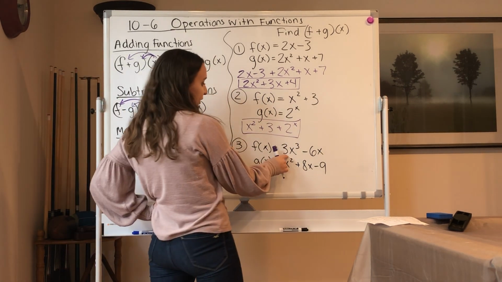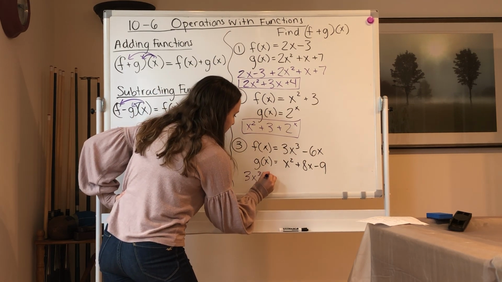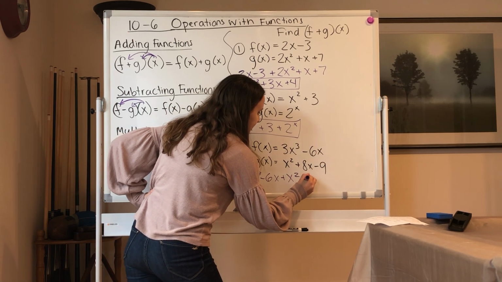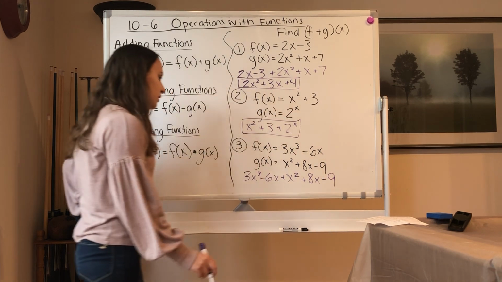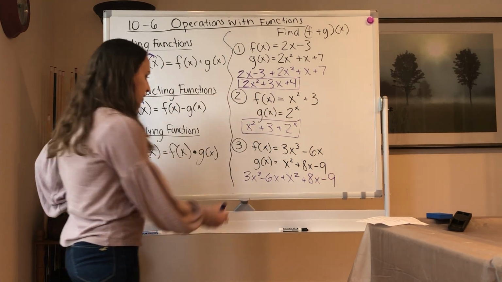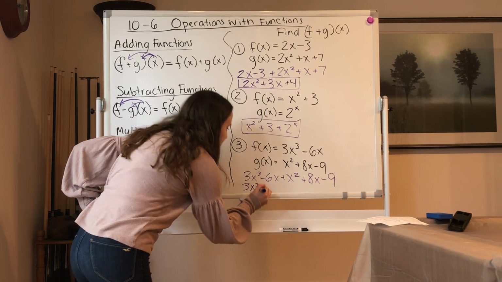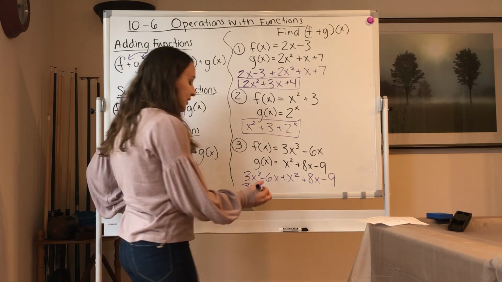Next one, 3x cubed minus 6x plus x squared plus 8x minus 9. With this one, 3x cubed doesn't combine with anything, so that's just going to stay as 3x cubed.